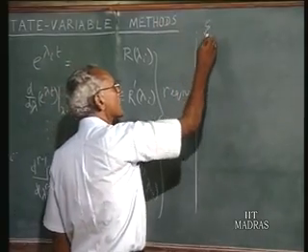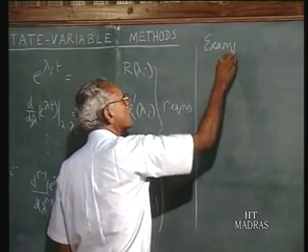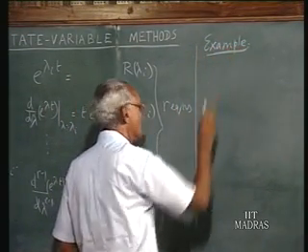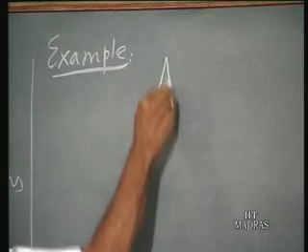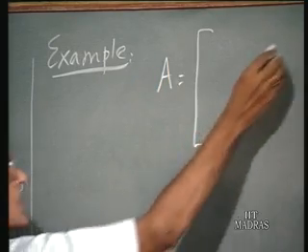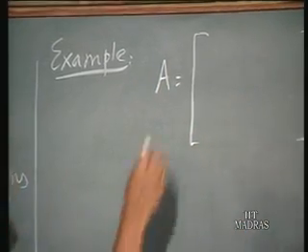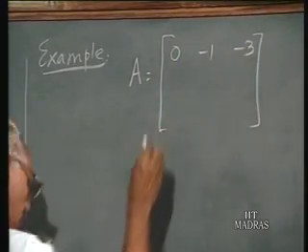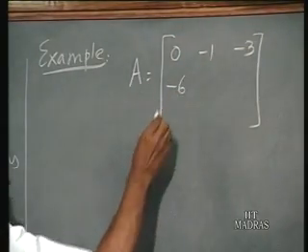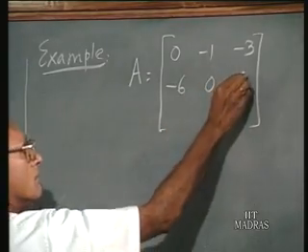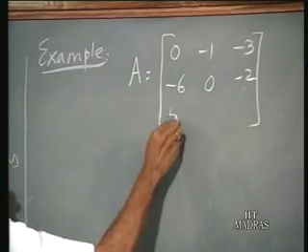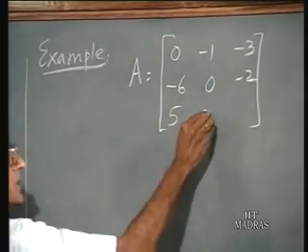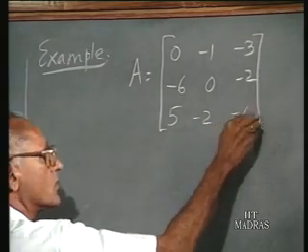So let us do that example. Let us take the A matrix to be a matrix of order 3: 0, minus 1, minus 3, minus 6, 0, minus 2, 5, minus 2, and minus 4.